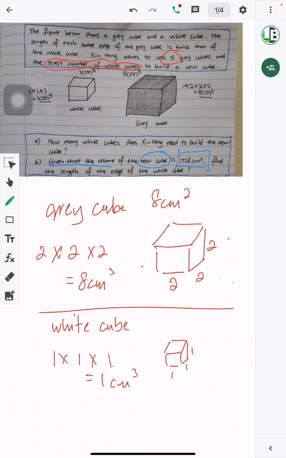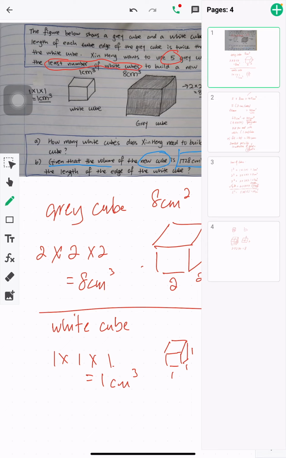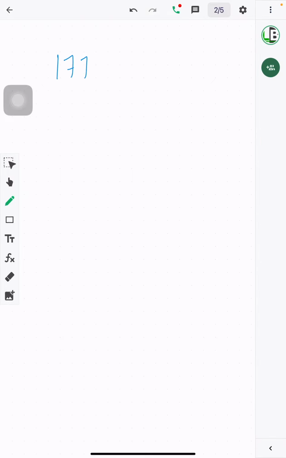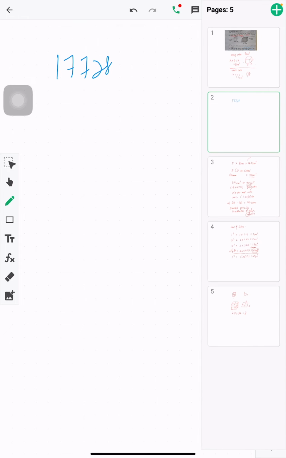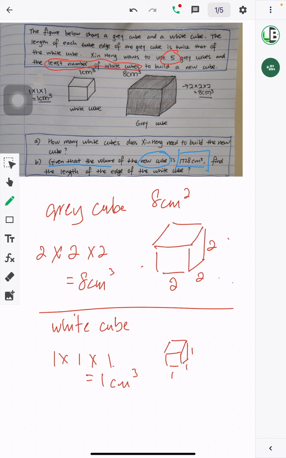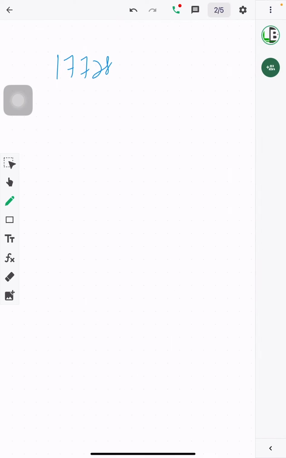That means this new cube is not the least number of white cube. This new cube that they wanted you to find is 1728, which is really large. So I need to know how many combinations there are in 1728.